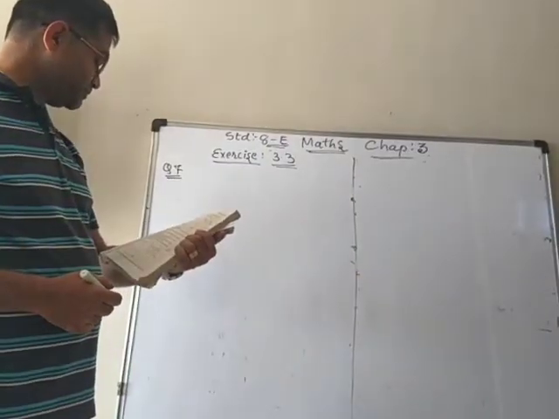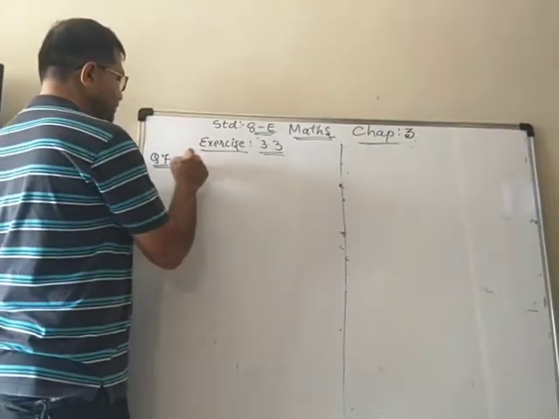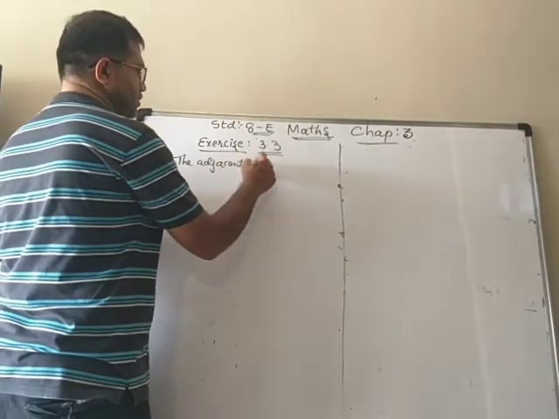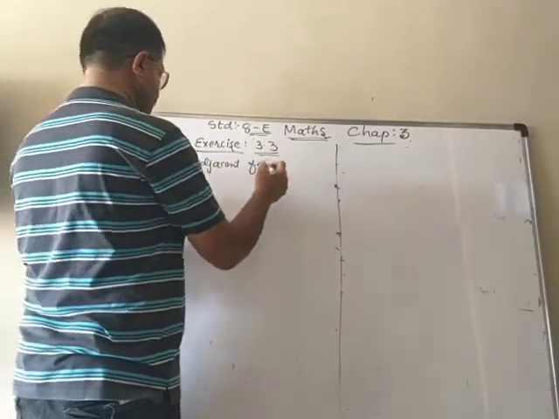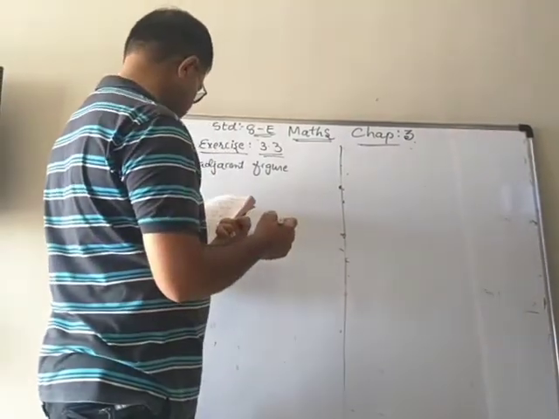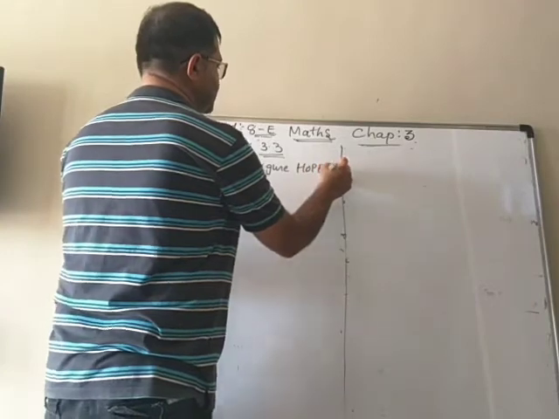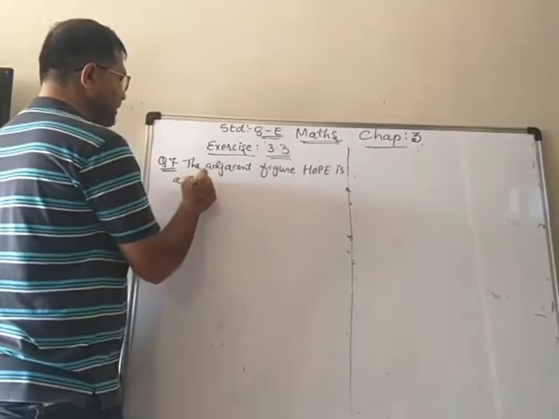Number 7. The adjacent figure HOPE is a parallelogram.